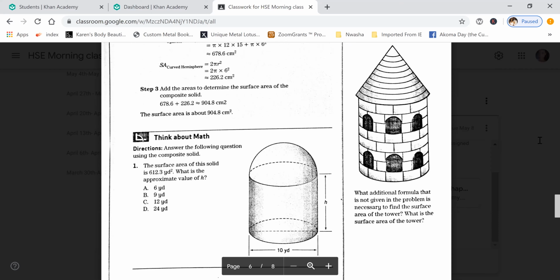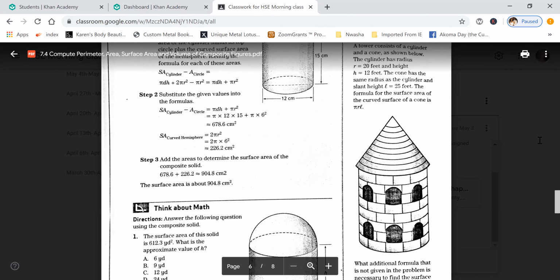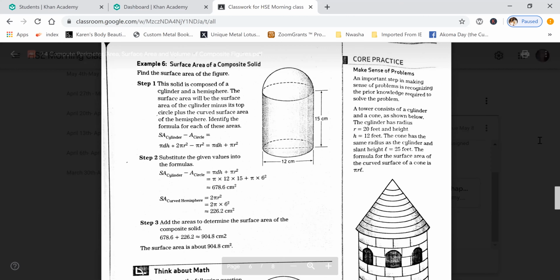And then we will start the vocabulary. So we're at the end of this section. These are the last 2, but you're still looking at surface area. So same thing with this shape. In step number 1, they're saying minus one of the circles, because you don't need the top circle. You only need the bottom circle.